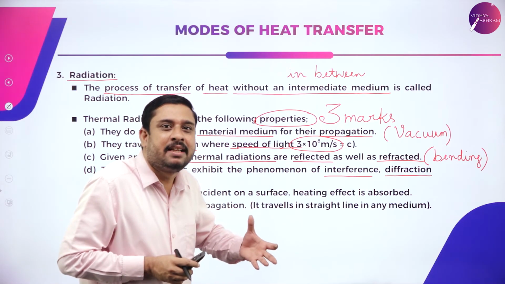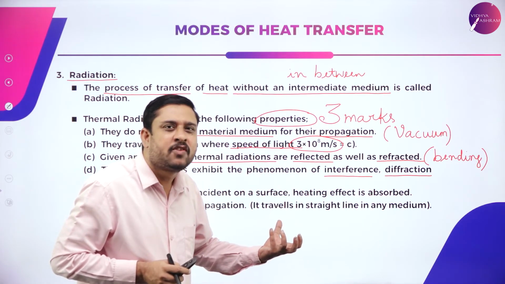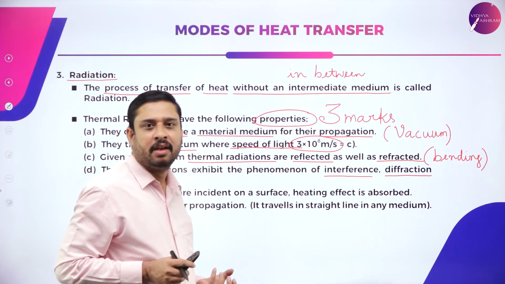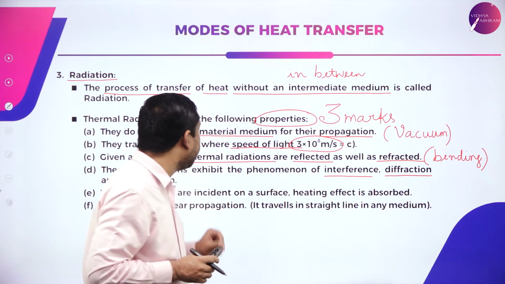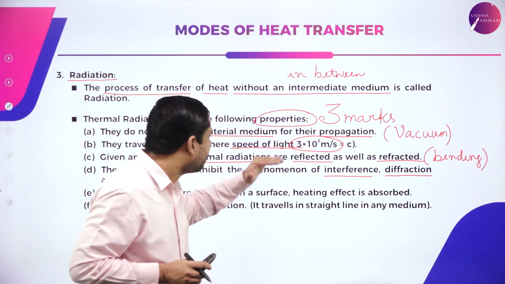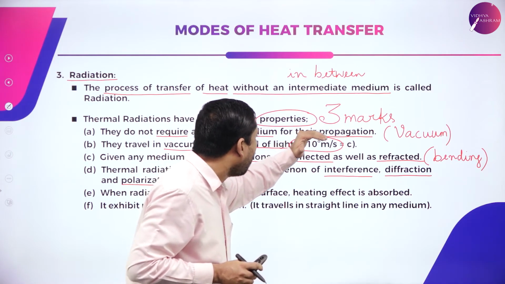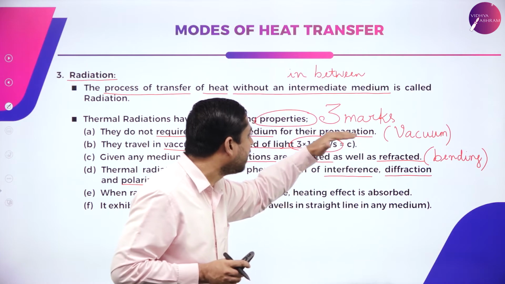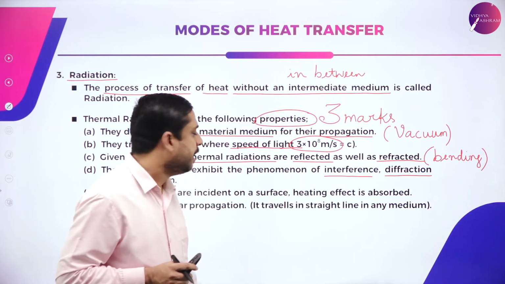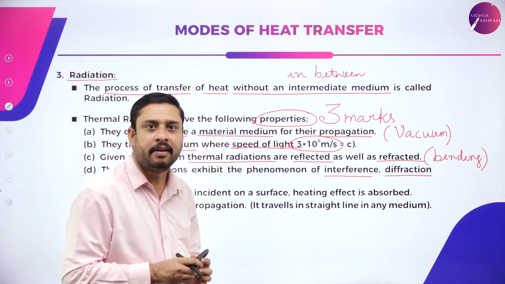To understand this, we go to our 12th standard where you will have some tools of optics. Just now remember, thermal radiations exhibit the phenomenon of interference, something called diffraction, and something called polarization.